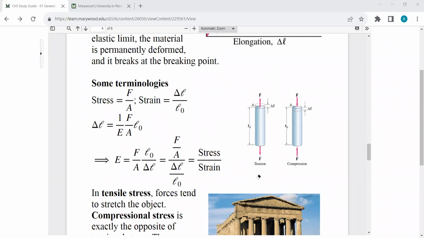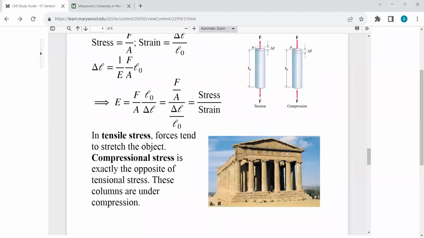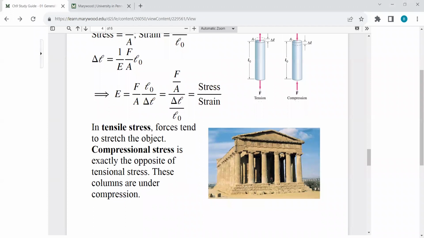But if the force is due to compression, like in this one, where you are compressing this object, then the corresponding stress and strain we call the compressive stress and strain.